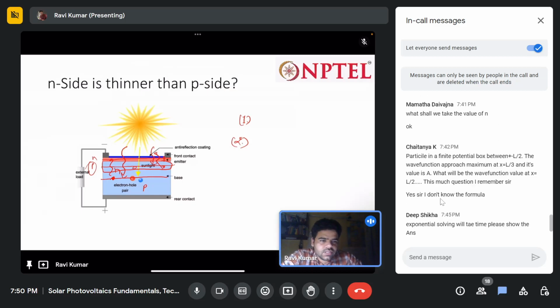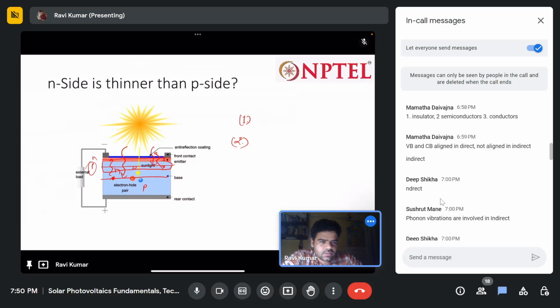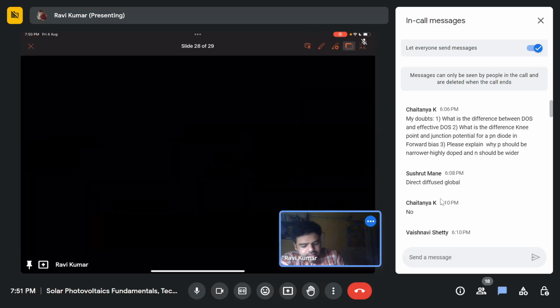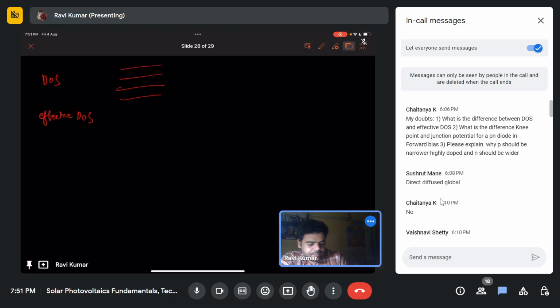Okay, let me revisit the questions you asked in the starting. You asked, what is the difference between density of states and effective density of states? Total energy states distribution is known as density of states.